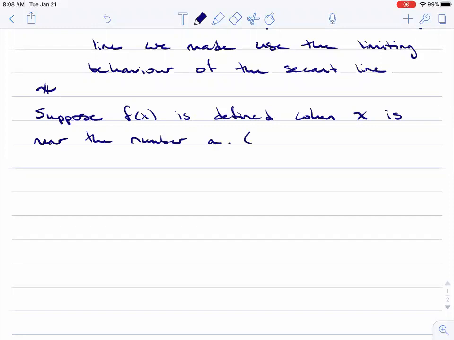So this means that f of x is defined at all the points near a and around a, on some interval that includes a, but not necessarily at a. And that's going to be a kind of a common thing that we deal with.